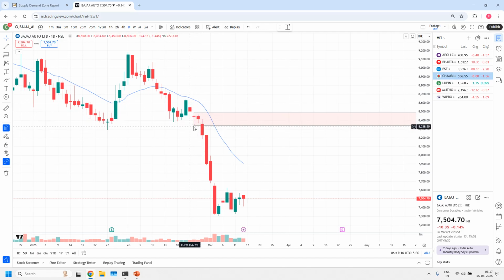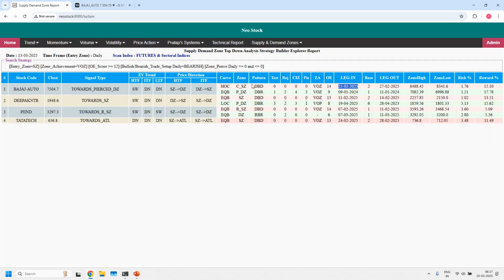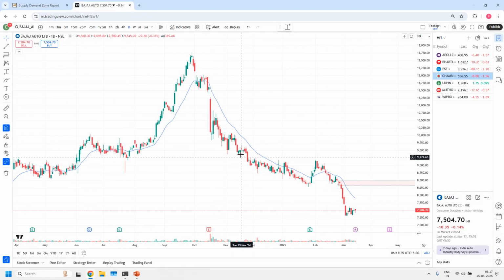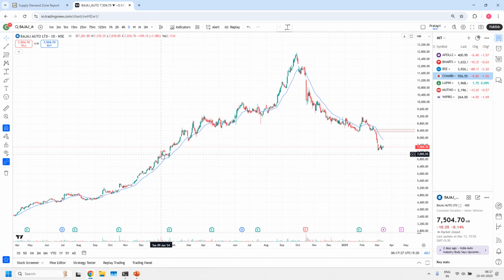So this is the drop-base-drop. And what about the demand zone, your target zone? We have a pierced demand zone. And this is on 9/1/2024, long back. 9/1/24 means somewhere here.